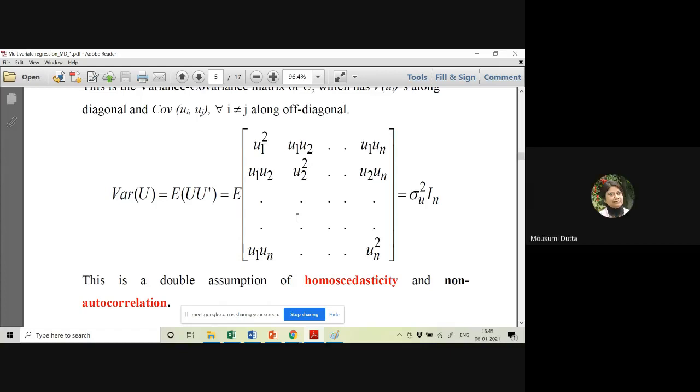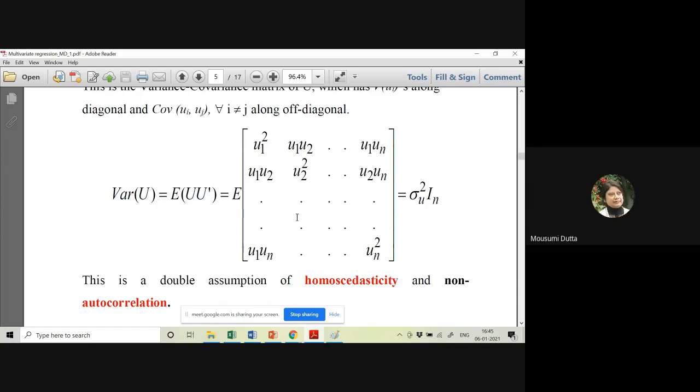We further assume that the expectation of all ui uj, that is, all off-diagonal terms, are equal to 0. So this is equivalent to sigma u square I n. Yes, ma'am. We will get an identity matrix.